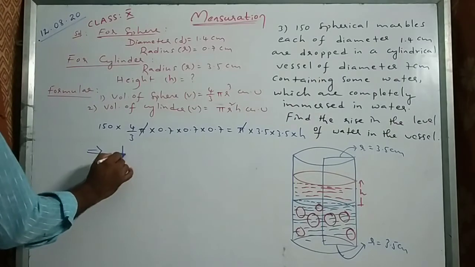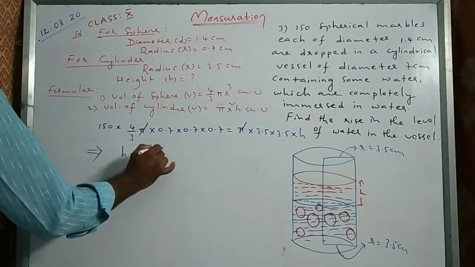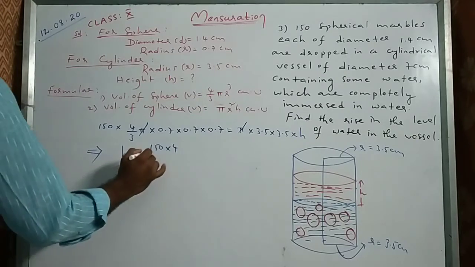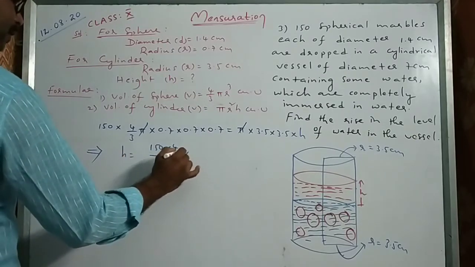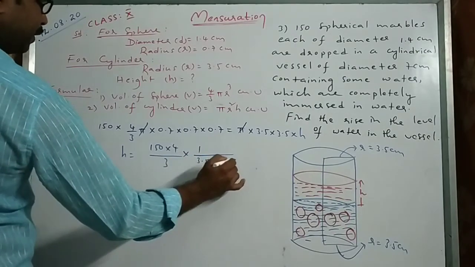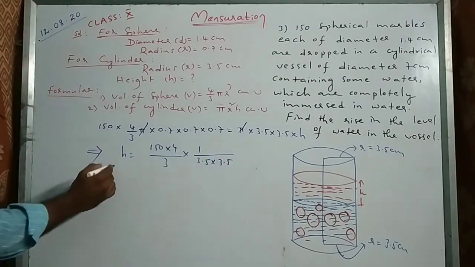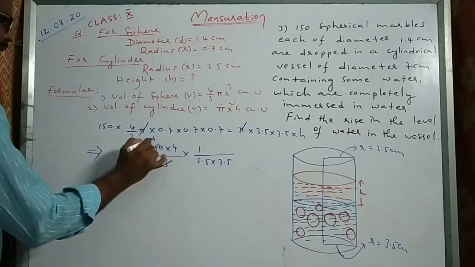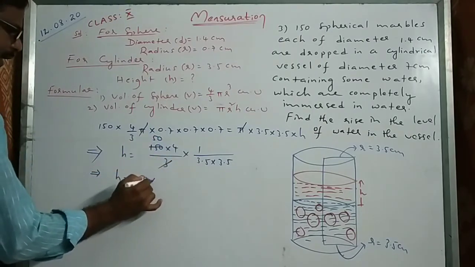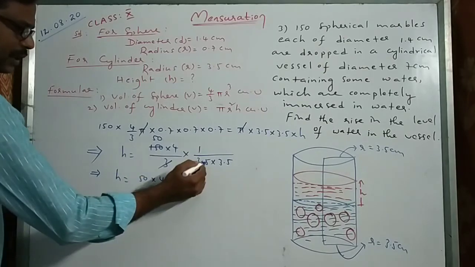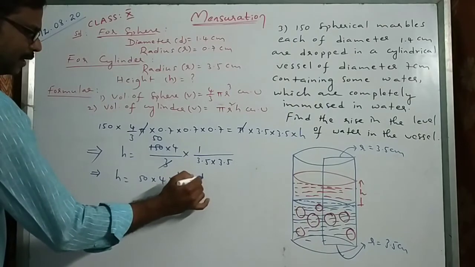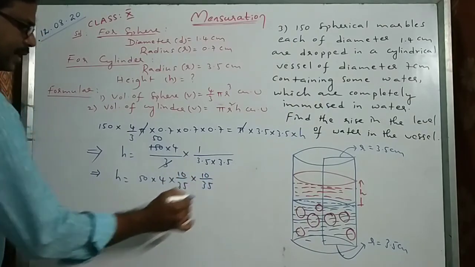I want to find h, right? h equal to 150 into 4 by 3 into, bringing this side, 3.5 into 3.5. So 3 ones are 3, 3 fives are 15, so h equal to 50 into 4 into 35 by 10, 10 by 35, this also 10 by 35, reciprocal I will get.